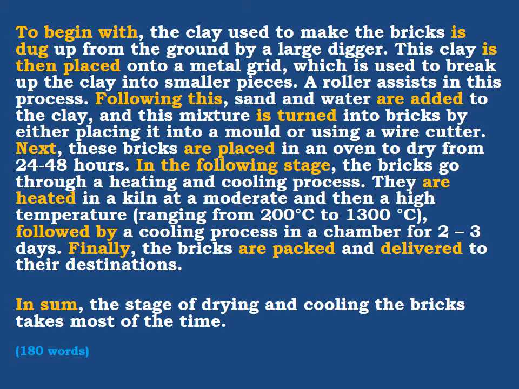So either you say then this clay is placed onto a metal grid and continue, or this clay is then placed onto a metal grid. It is the same. This is another way of writing it. So this clay is then placed on a metal grid, which is used to break up the clay into smaller pieces. And you can see this in the diagram.